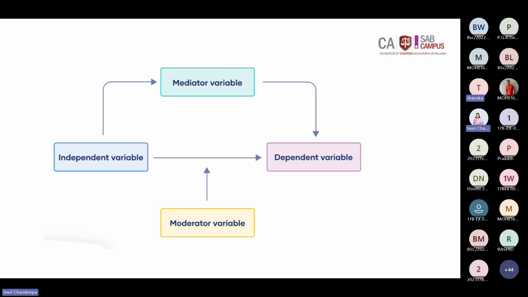For example, take firm financial performance. You have selected working capital management policies as your independent variable, whereas the dependent variable is firm financial performance. Hope it is clear.